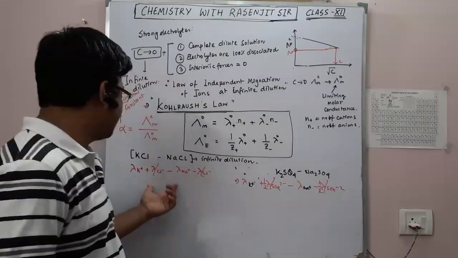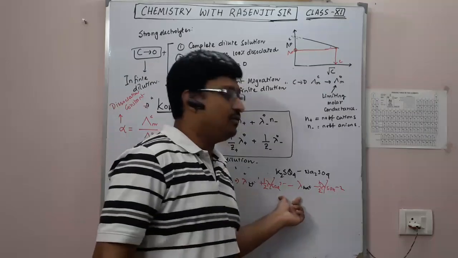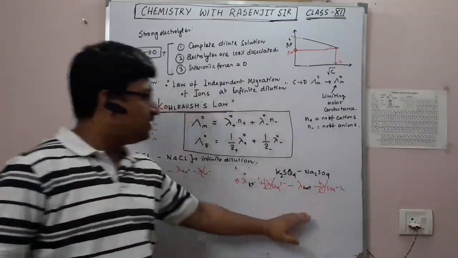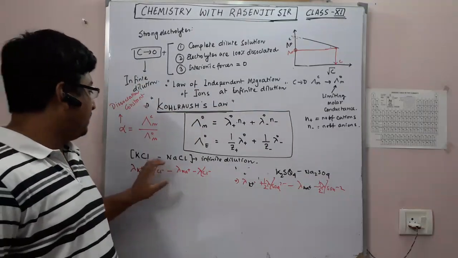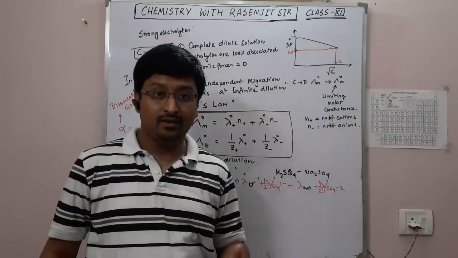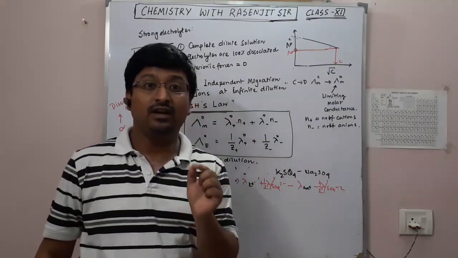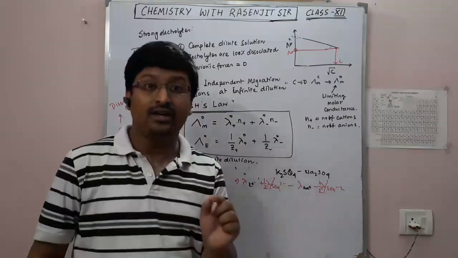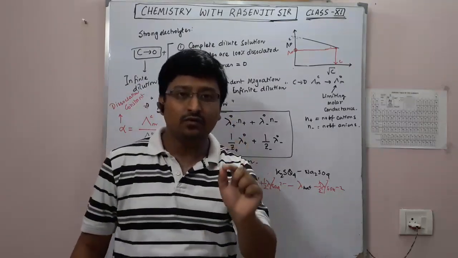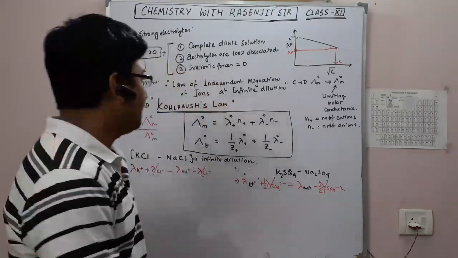Because in this case you are getting K plus minus Na plus, and in this case also you are getting K plus minus Na plus. So it does not matter where these ions are coming from. This is the huge advantage for infinitely diluted solutions, and this is what Kohlrausch was telling us.